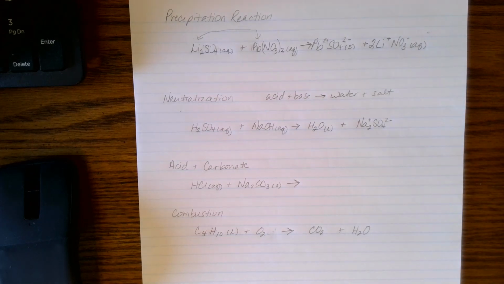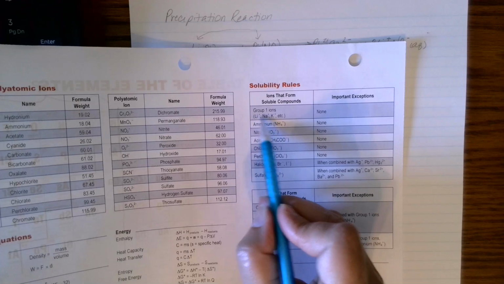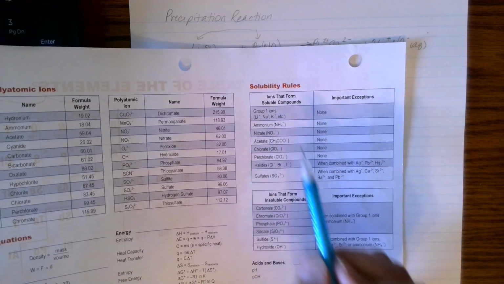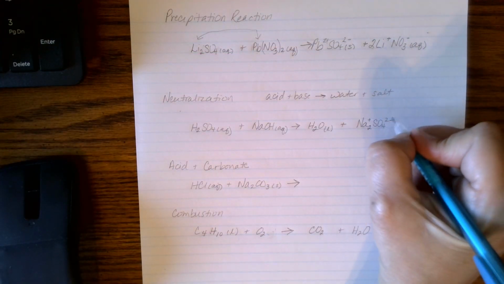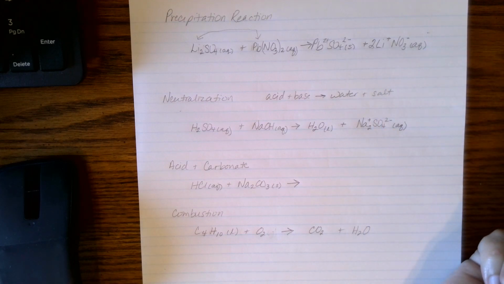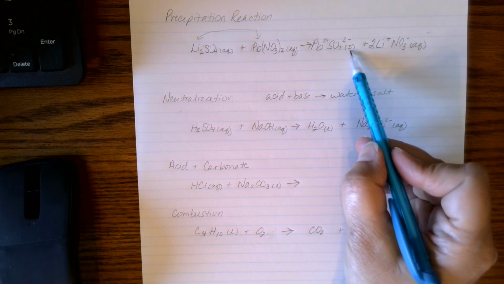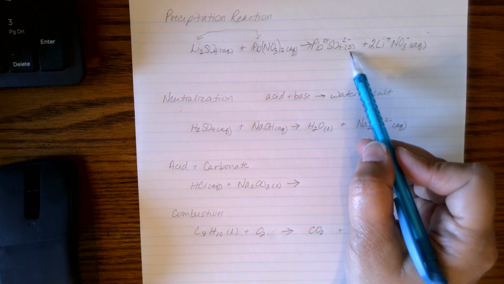Then I need to look at my solubilities to determine the phase. Anything in column 1 is soluble. Even though I have sulfate, it's not one of the exceptions. So this is going to be soluble, which is aq. S doesn't mean soluble. S means solid.